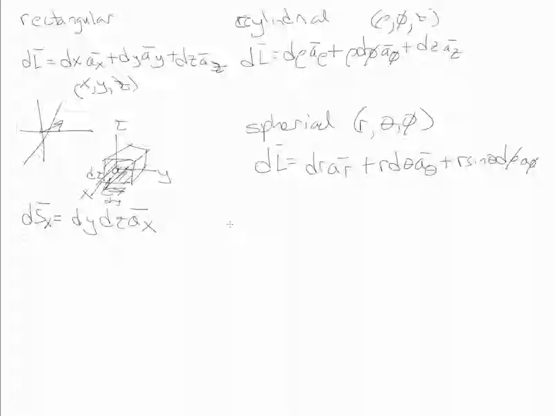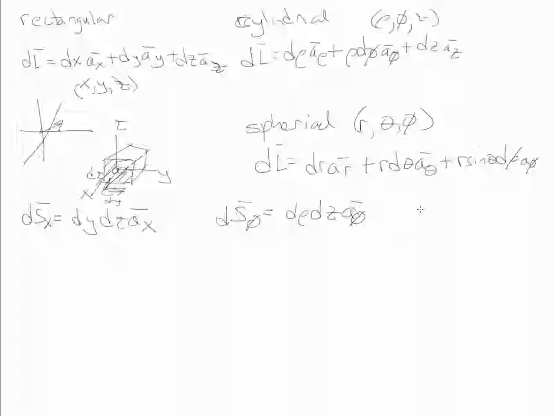And likewise in the cylindrical system, if we wanted to know the phi surface, you would just pick the other two components, so that's d rho, dz, a phi.